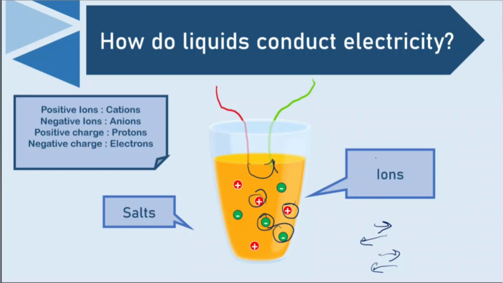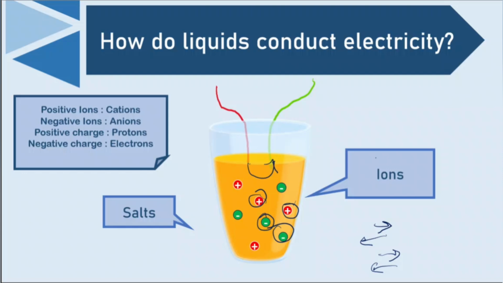Coming back to the explanation, when these ions get dissociated, they get charged. They will start moving. And because they start moving, they allow a flow of electricity. In liquids that do not have salt, for example, distilled water, there are no such ions.